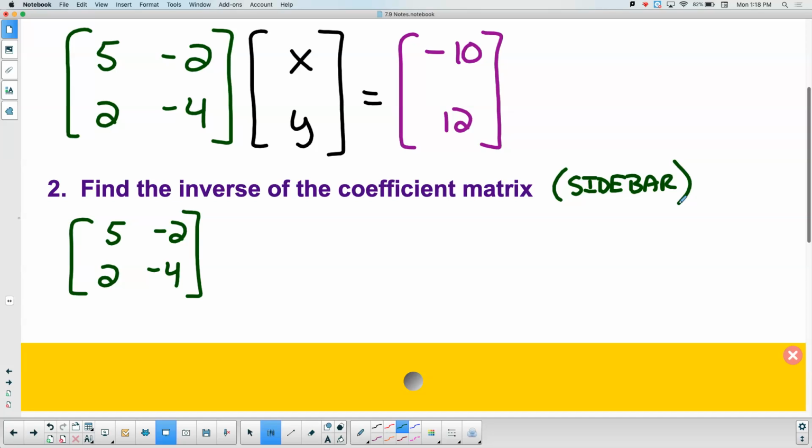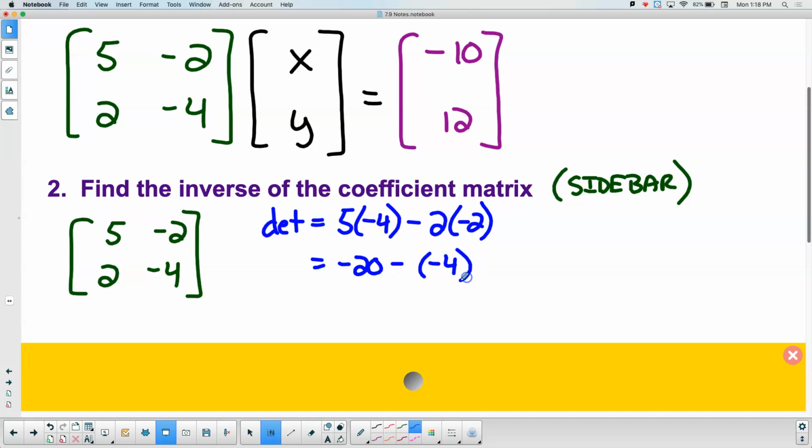The first thing you have to do is find your determinant. We'd have 5 times -4, minus 2 times -2. So that's -20 minus -4, which is -16. Agree with me so far?